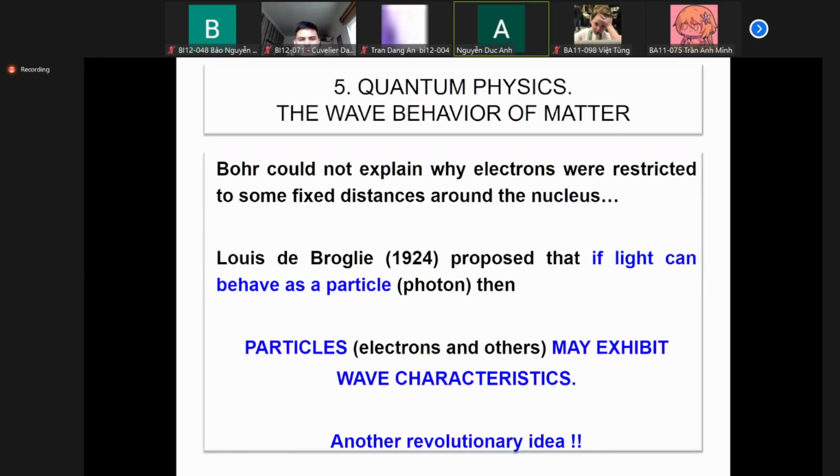And after that, the development of quantum physics is up here. So it's very long.